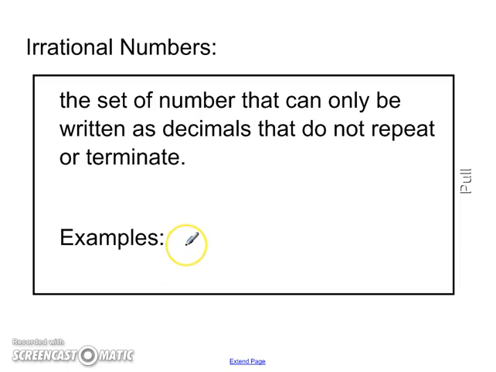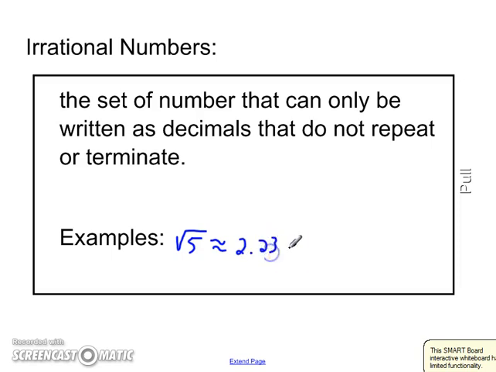Now we have some examples of irrational numbers, and if you want to put these even as a test, put them in a calculator and see what happens. For example, the square root of 5. If I put that into a calculator and hit the square root key, you would get 2.236, and now this is where the calculator cuts it off, at least a little basic calculator.